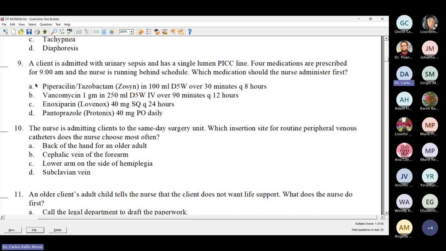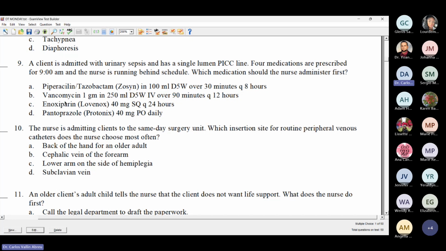For that reason, the first medication to be given is the Zosyn. It is going to start at 9, at 9:30 it is going to end, and at 9:30 I hang the vancomycin to pass in the remaining time. The due time for those medications that take time to be administered is the time of starting the medication, not the time of finishing or ending the medication.